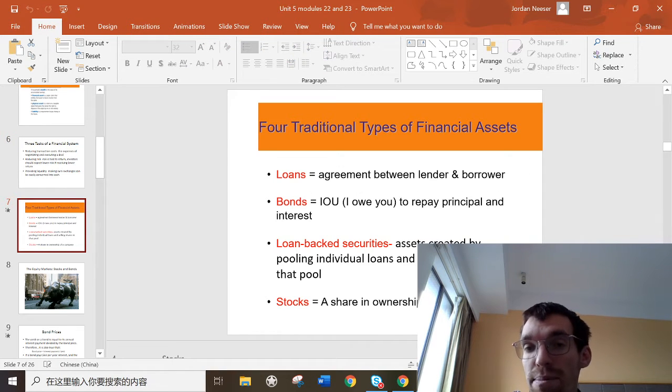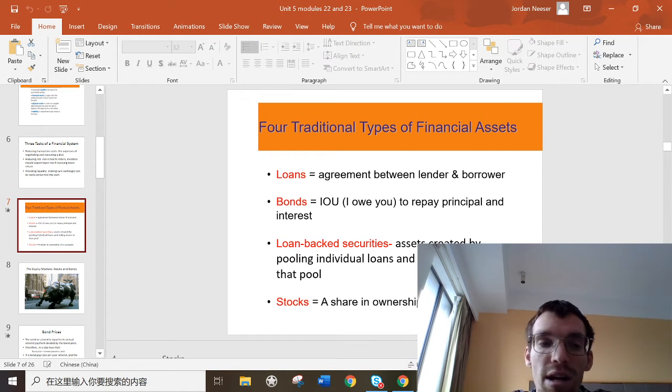There are four types of financial assets that we're going to talk about. Loans, bonds, loan-backed securities, and stocks. You can also find these in the textbook. Loans are a general agreement between a lender and a borrower to repay some money over a period of time. Bonds are a type of loan where we have a principal amount and interest.